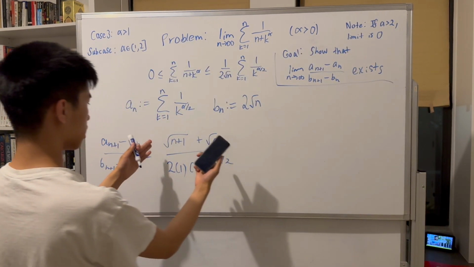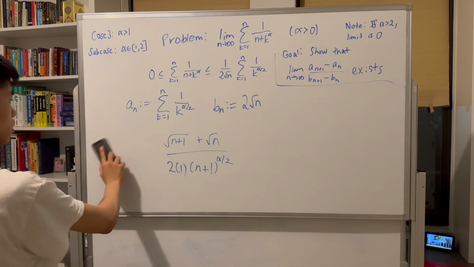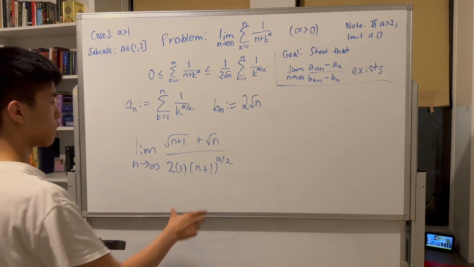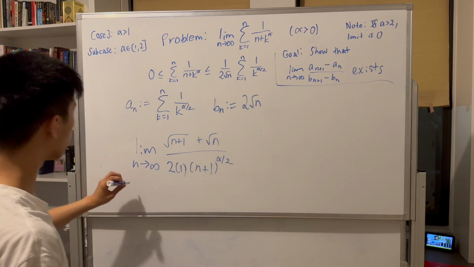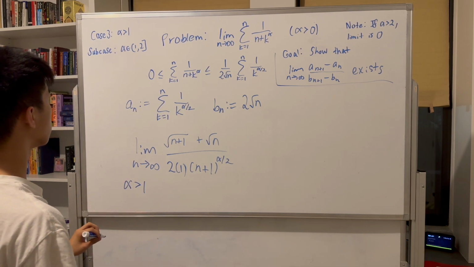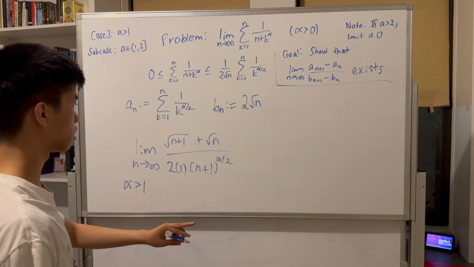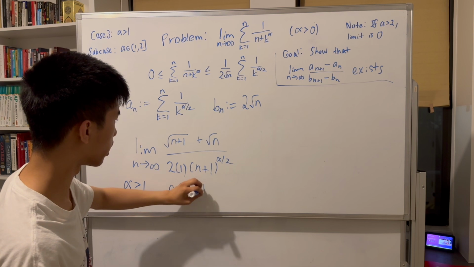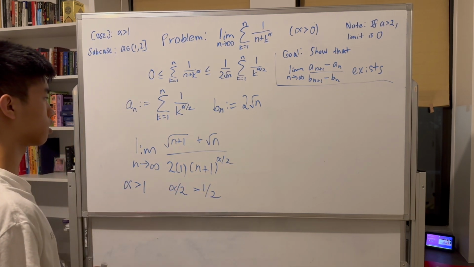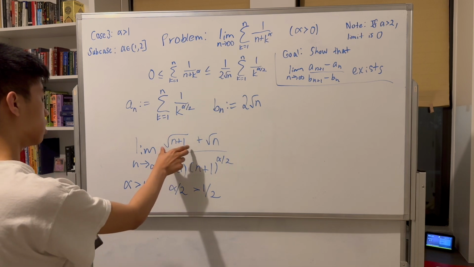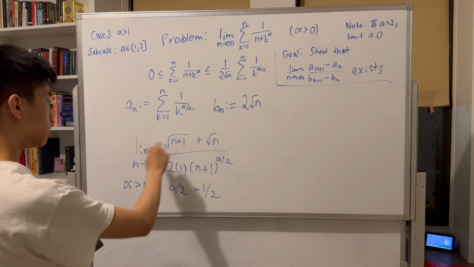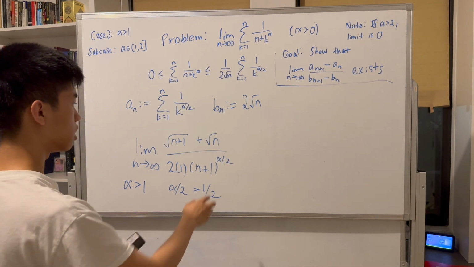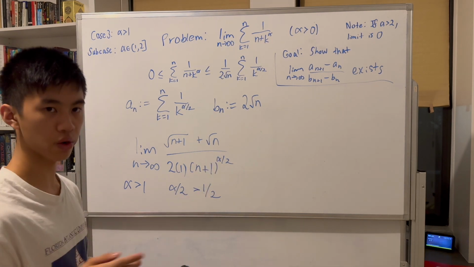So as we take the limit as n goes to infinity, we know that alpha is greater than 1. In other words, alpha over 2 is greater than 1/2. Now, the degree of the numerator is exactly 1/2, but the degree of the denominator is greater than 1/2.